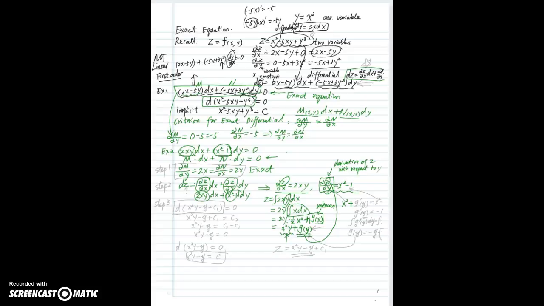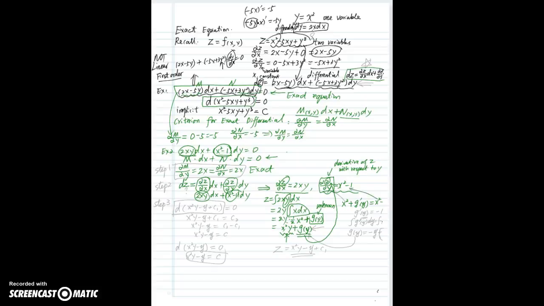We can just go ahead and use x squared y minus y, and then we get just one constant. So we can simply use x squared y minus y equals c, where the left side is the result after integrating and the right side is a constant. So we can use this directly.